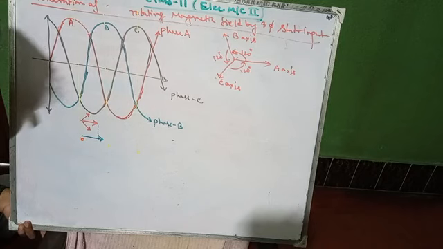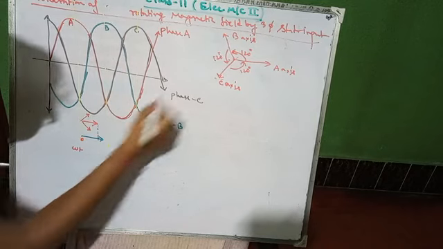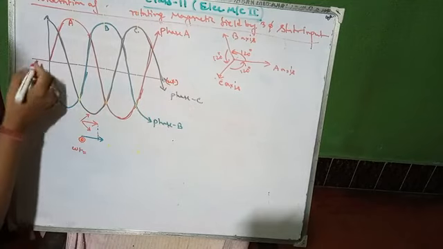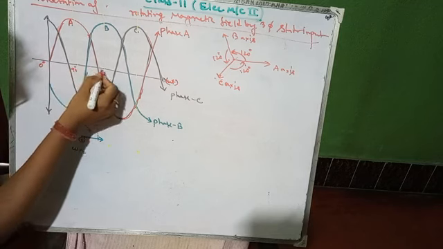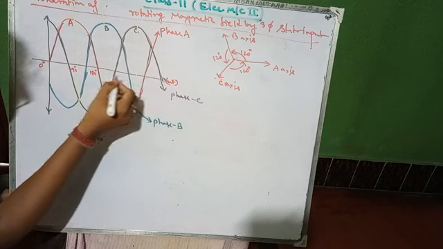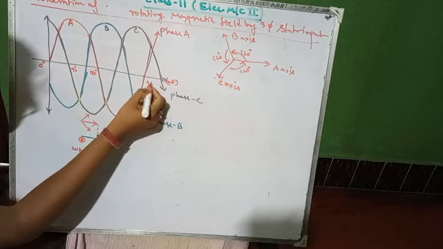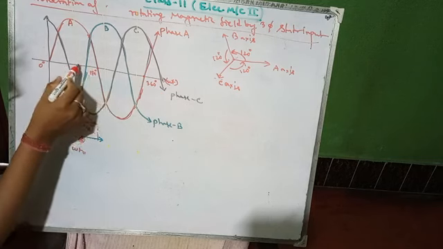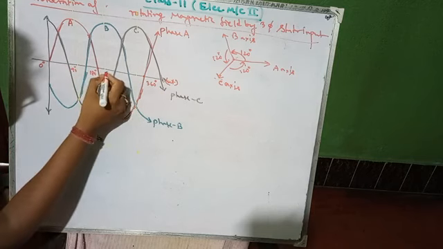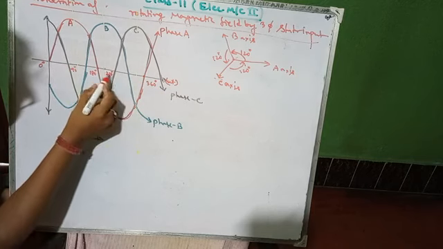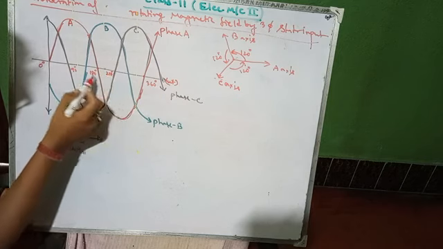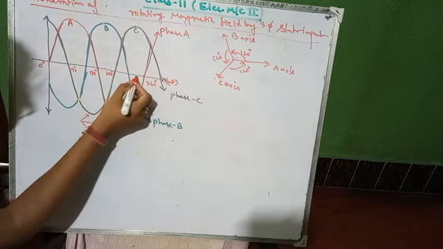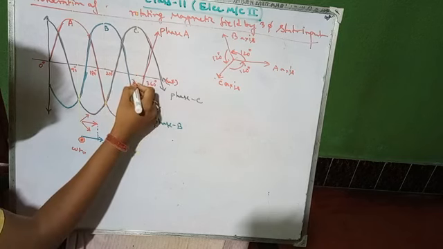At the second instant, this axis is omega t. So the first instant omega t equals 0 degrees, then 90 degrees, 180 degrees, 360 degrees. Then 120 plus another 90 will be 210 degrees, and 240 plus 90 will be 330 degrees.